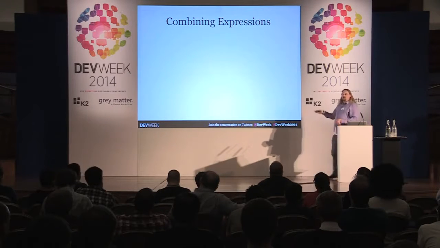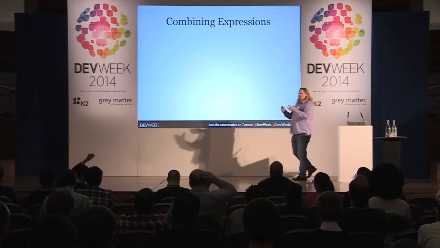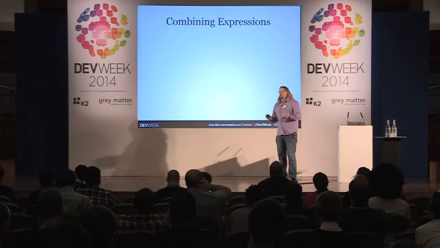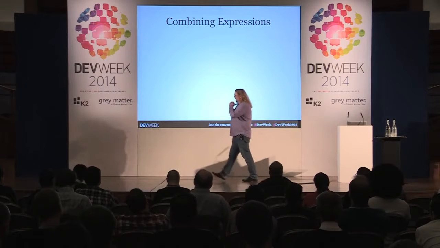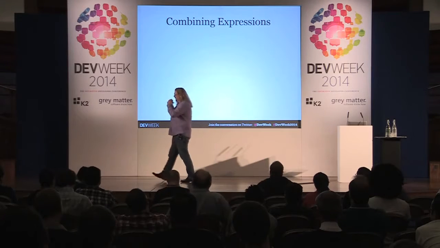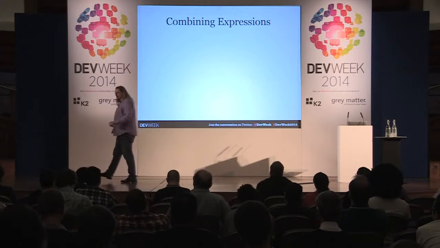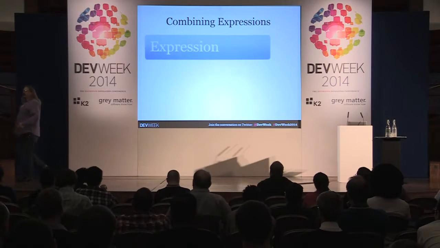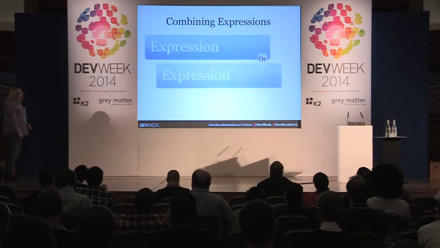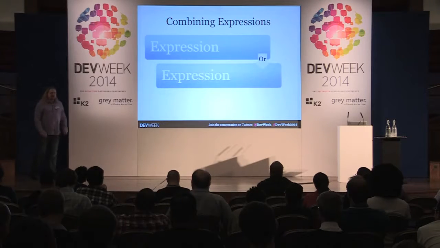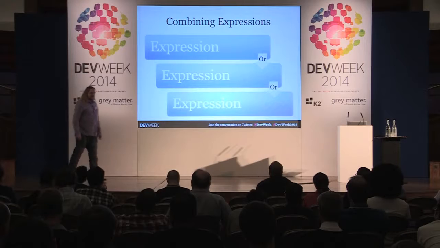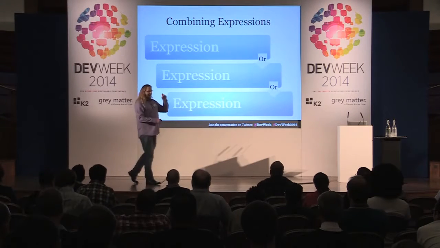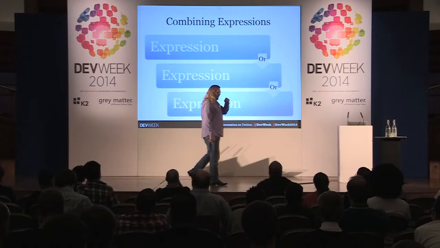Now, you'll come to a point where you think, I want to combine the expressions I've got. I have a set of conditions that I want to OR together, for example. So in code, you would write this as, I have an expression, and I'm going to OR that with the next thing, and OR that with the next thing. Now, obviously, that's no longer a single item. You've no longer got a single point of entry.